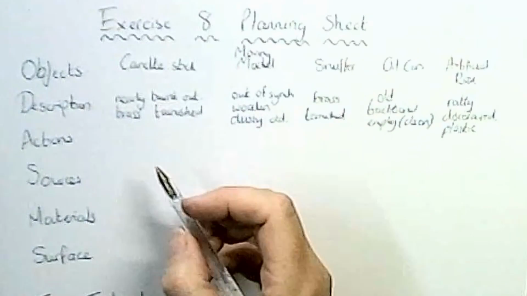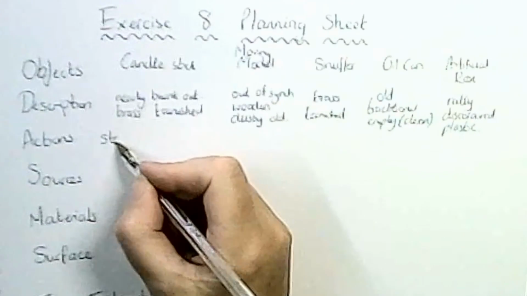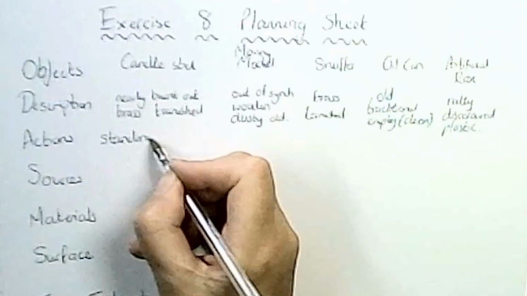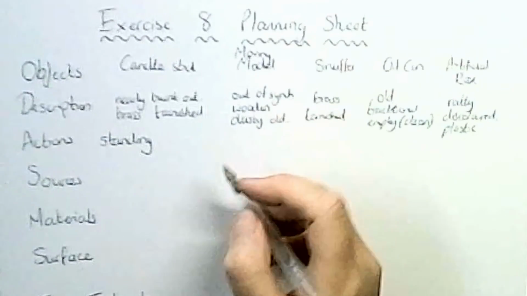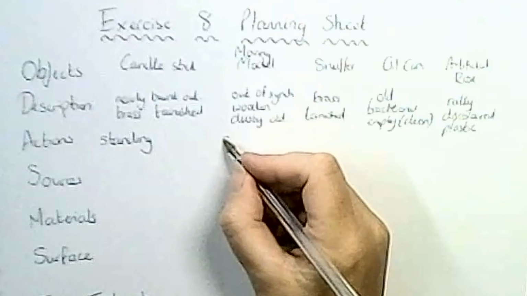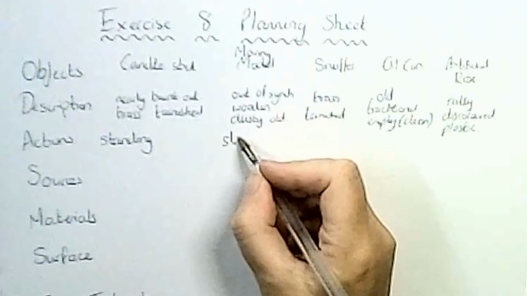Okay, what are these things doing? The candle is standing at the back. The moving model is stuck. That would be adjectives. It's sticking.